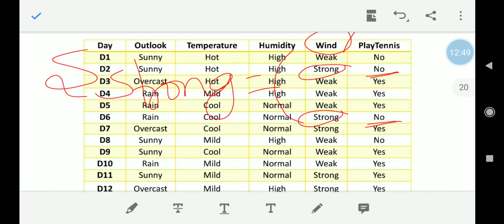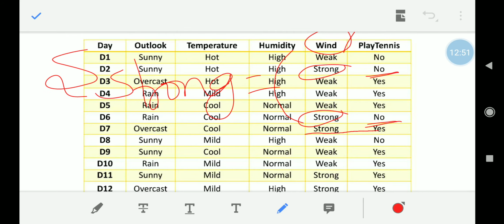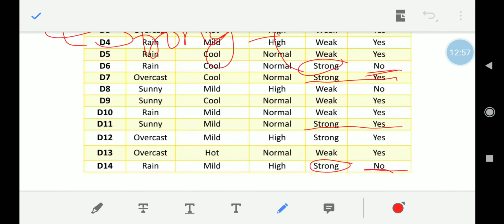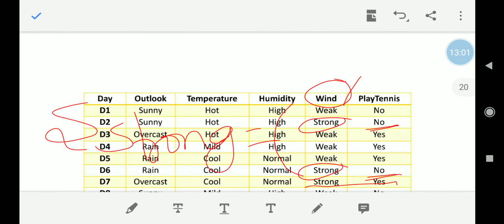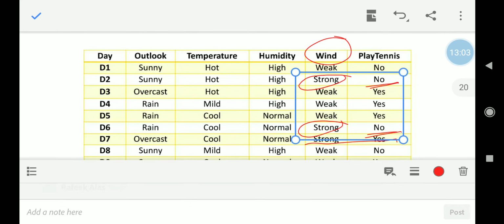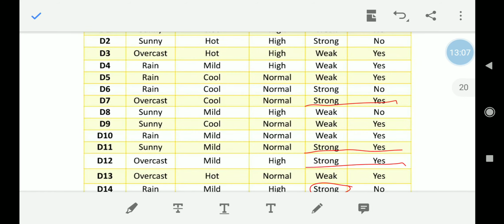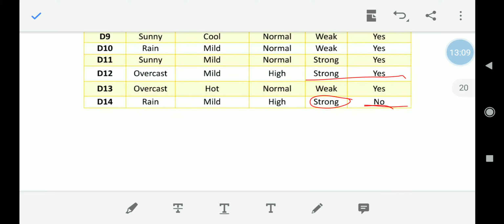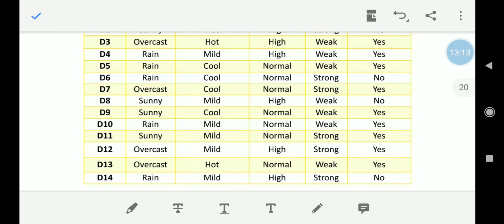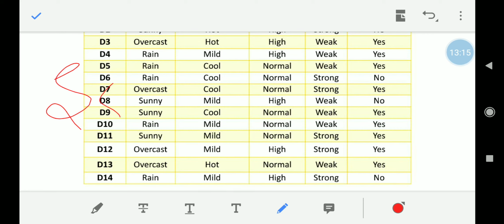How many yes are there for strong? 1 yes, 2 yes, then 3 yes. So here 3 yes and 3 no.